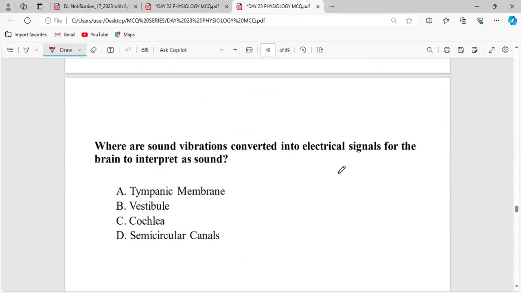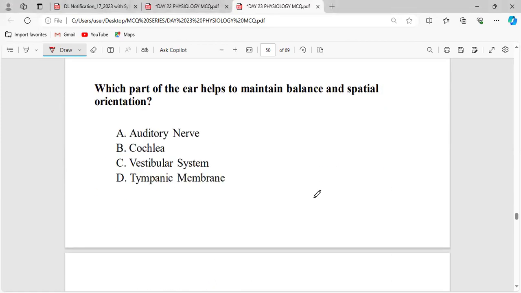Where are these sound vibrations converted into electrical signals for the brain to interpret as sound? The brain has to sense what we are hearing, and that is done by the cochlea.